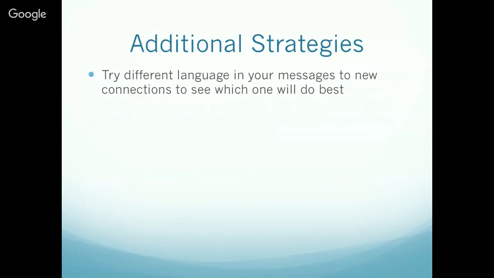You can switch between asking questions, putting statements, telling facts, putting the request for a discovery call in different places, towards the top, towards the bottom. Again, this is all testing. There's no magic bullet to really know what's going to work well unless you have done this in the past.